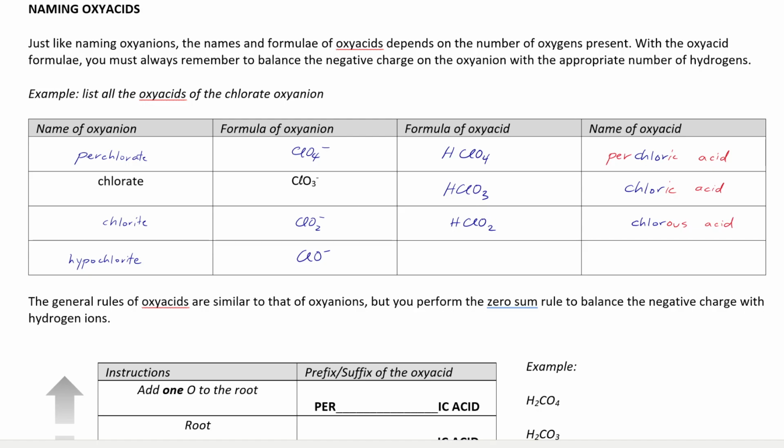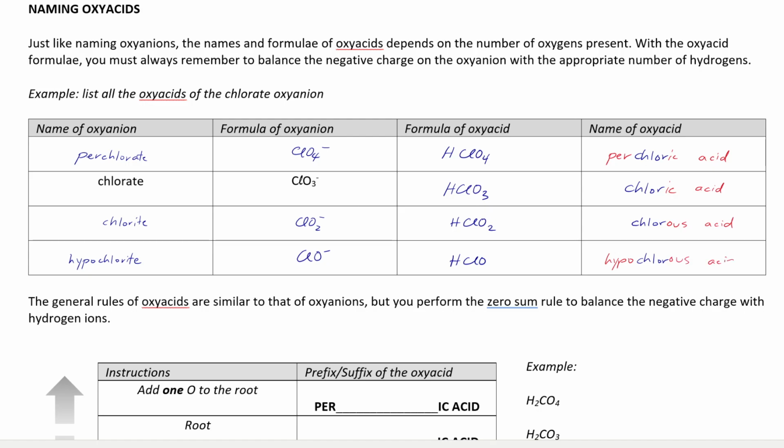Finally, the hypochlorite ion, when bonded with a hydrogen, becomes hypochlorous acid.